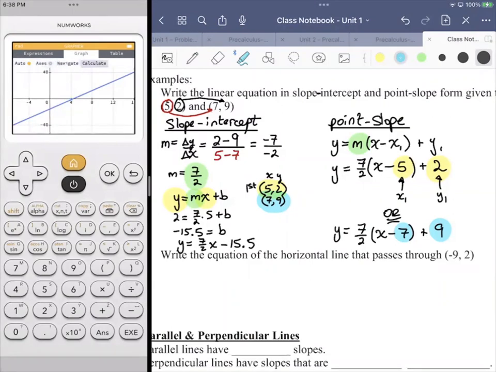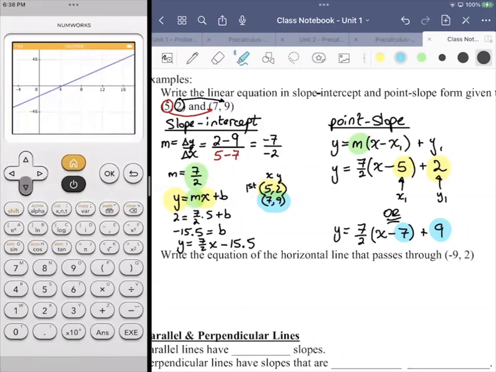But I can navigate and calculate. If I go to navigate, I can drag around left and right, up and down. And if you ever get stuck anywhere, the curly back arrow, the one right next to OK, is your way to say, oh, I went too far, I want to go back.